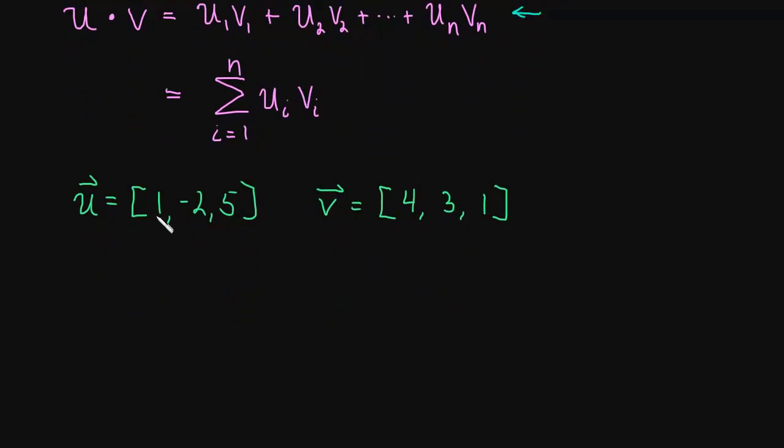Well, we just do exactly what it says. 1 times 4 plus -2 times 3 plus 5 times 1. So we get 4 minus 6 plus 5. That looks like 3 to me.